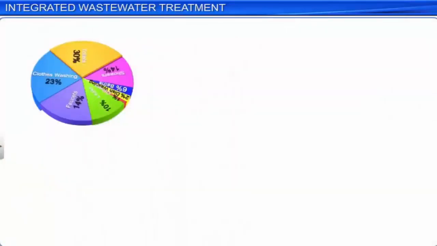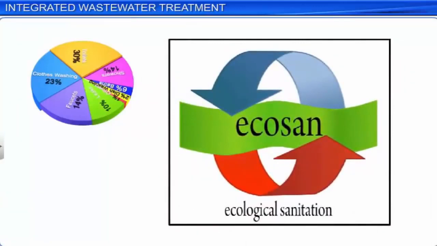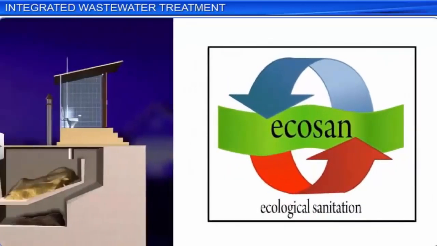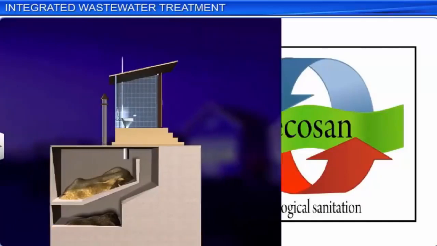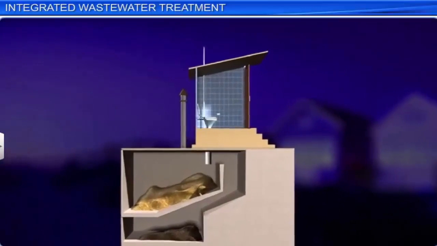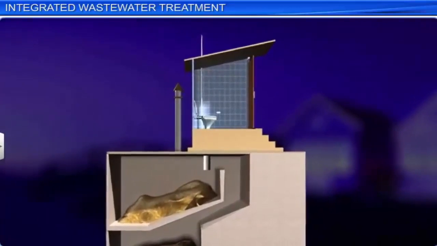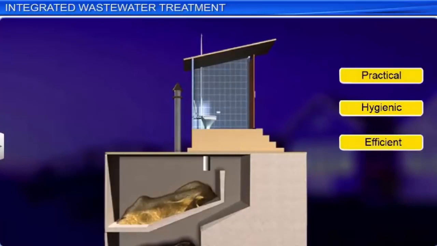The answer is ecological sanitation, or EcoSan, a sustainable system for handling human excreta by using dry composting toilets. Such EcoSan toilets not only eliminate wastewater generation, but are also practical, hygienic, efficient, and cost-effective.